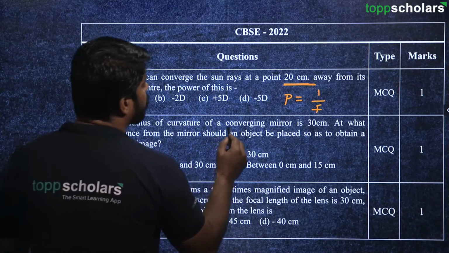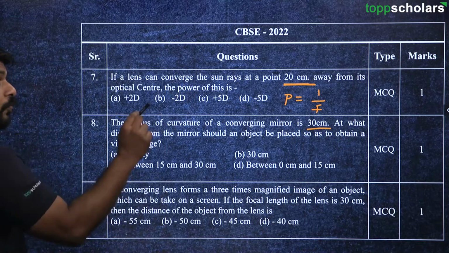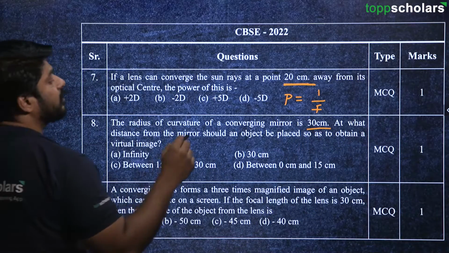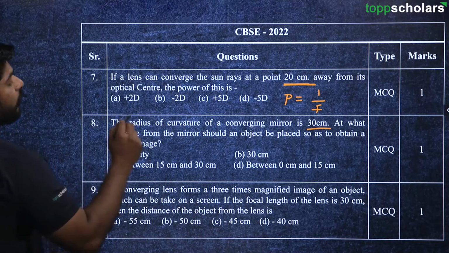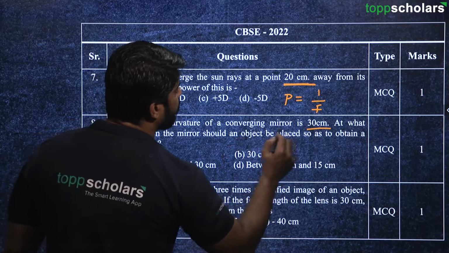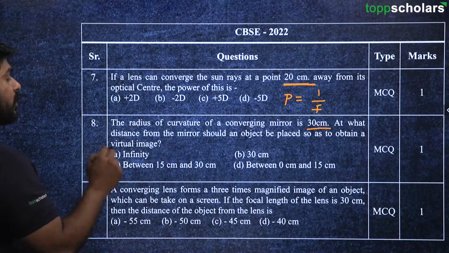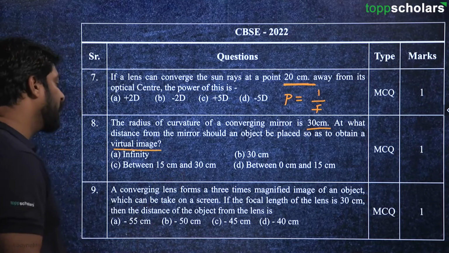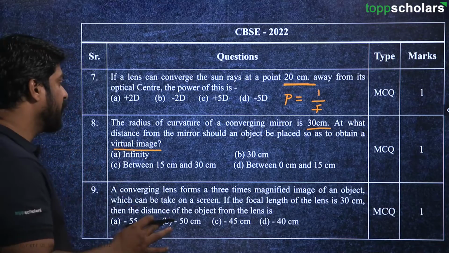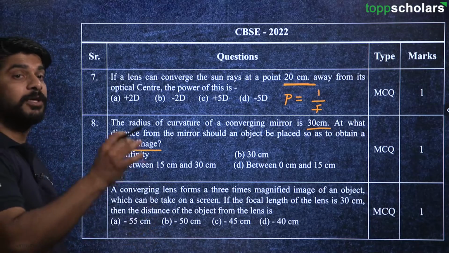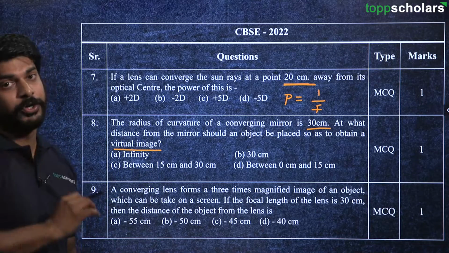The radius of curvature of a converging mirror is 30 centimeter. It's a converging mirror, that means it's a concave mirror. At what distance from the mirror should an object be placed so as to obtain a virtual image? We know a virtual image is obtained only when the object is placed between the optical center and the focal point, isn't it?